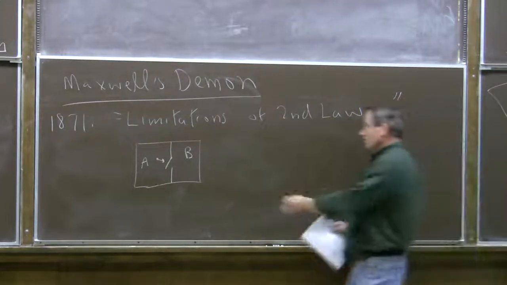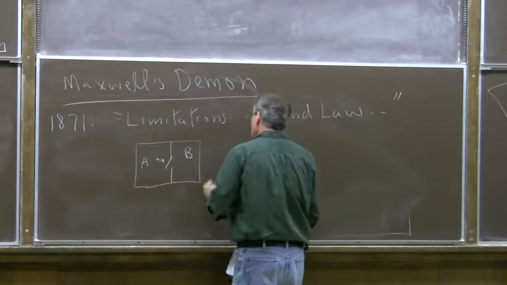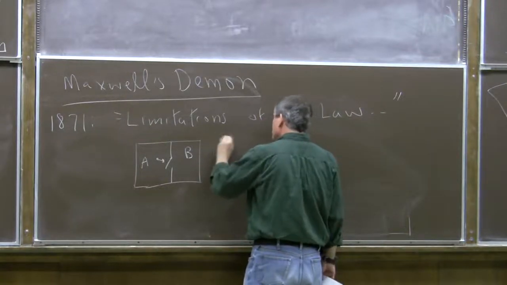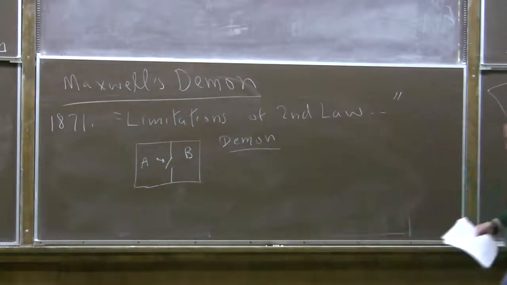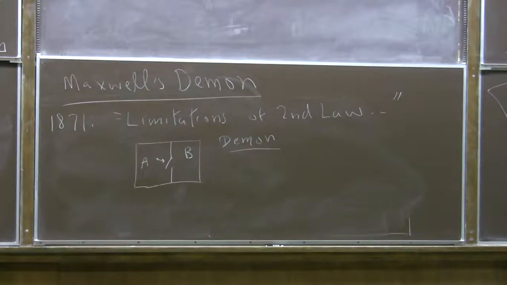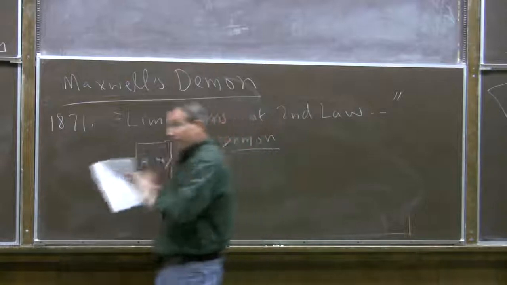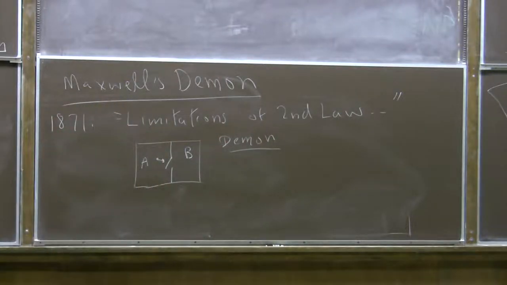Since you probably don't believe that I can do that, Maxwell said imagine a demon with great observational power who can watch every single one of the molecules in the gas. At all times, he's watching where they go. And for the purpose of this discussion, we can think of the dynamics as being completely classical.